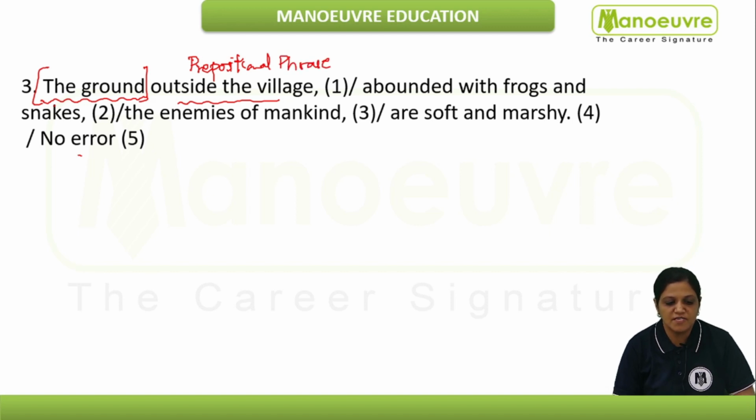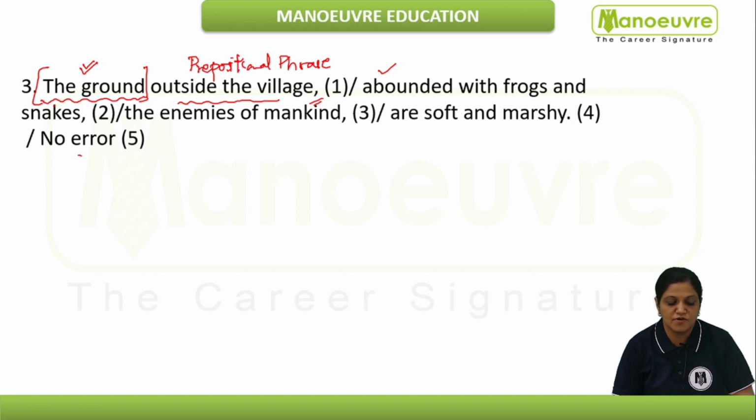So whatever may be the case, we do not have to get distracted or diverted by the phrase or any clause added in the sentence. Okay. We would just stick to the noun, our subject, that is the ground. So remember one thing, that always the subject will only affect the verb and nothing else. Here, after the verb, we have one more clause, that is abounded with frogs and snakes.